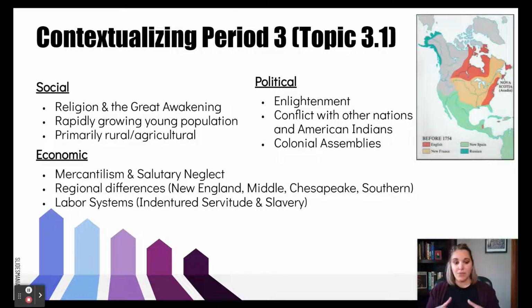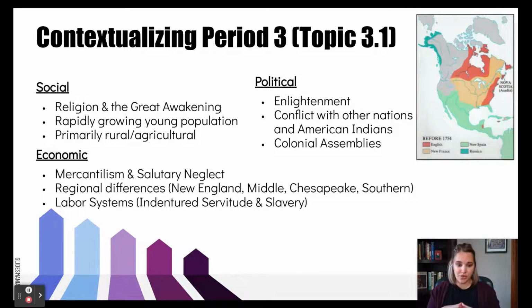People are becoming more religious in the sense of they are having a more personal connection in their religious behavior, and it's allowing them to question the leadership of their churches. We have a very rapidly growing young population in the British colonies, and it is still primarily rural and agricultural.